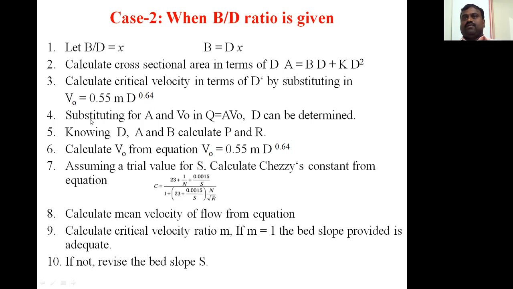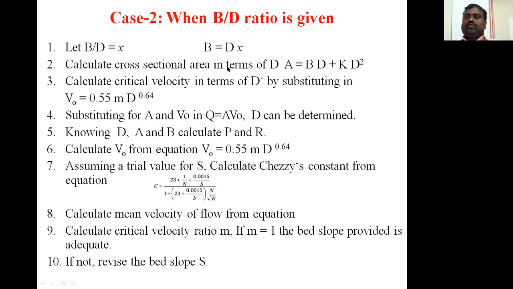Now in next step, substituting for A and V naught in discharge equation Q is equal to A V naught, D can be determined.